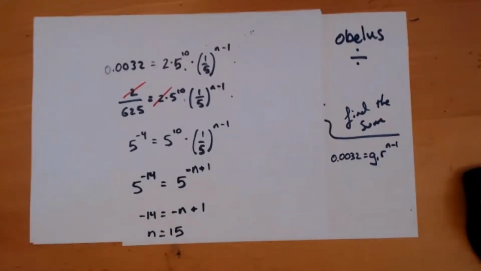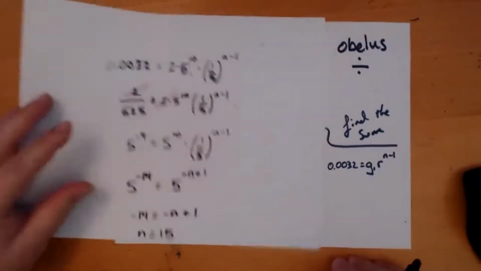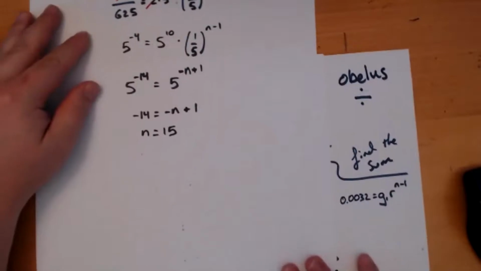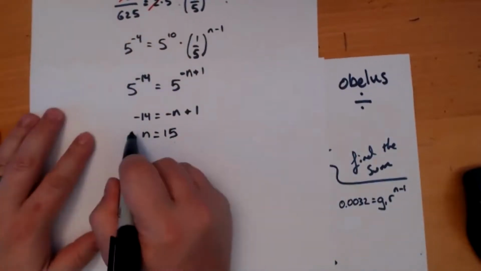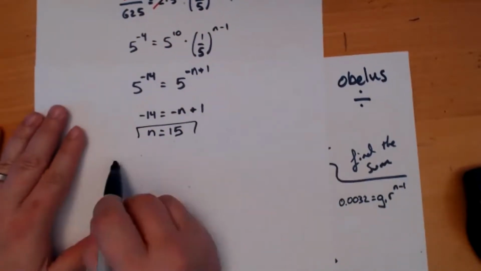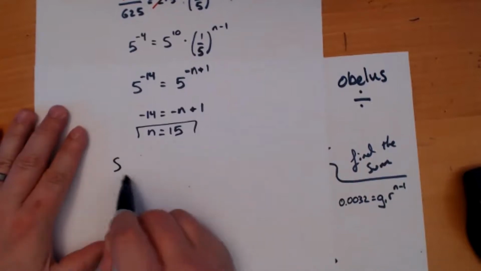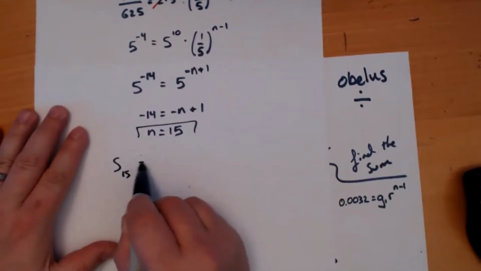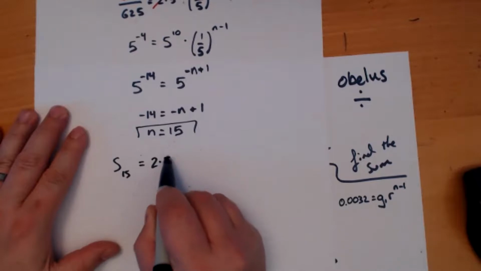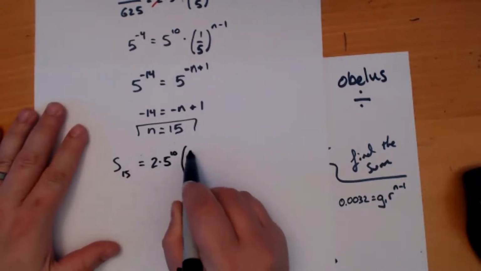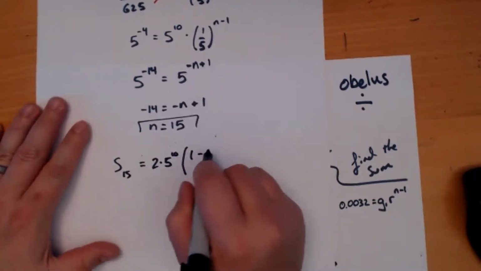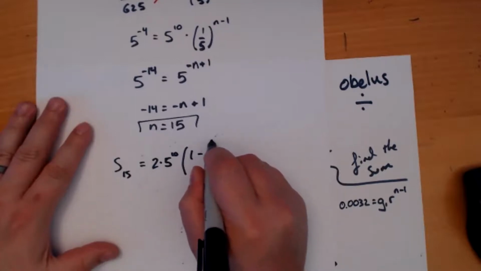Oh, but now we need to find the sum. So we've got all of our terms. We know that there are 15 terms. R is 1/5.